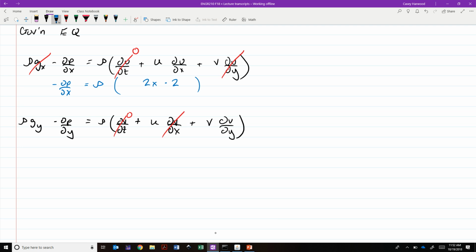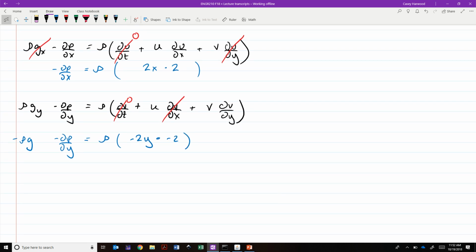Here, negative dp dy plus or minus rho g is equal to rho times v, which is our negative 2y, times dv dy, which is equal to negative 2. And so we could solve for dp dx and dp dy using these two equations.